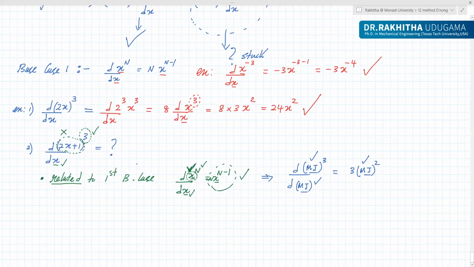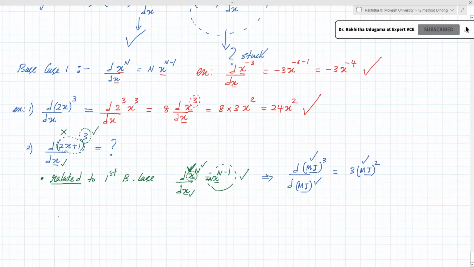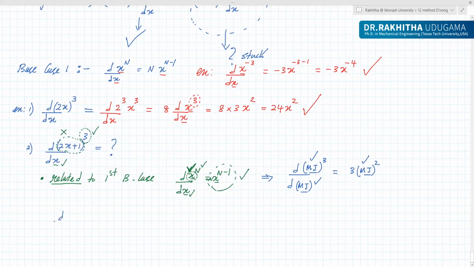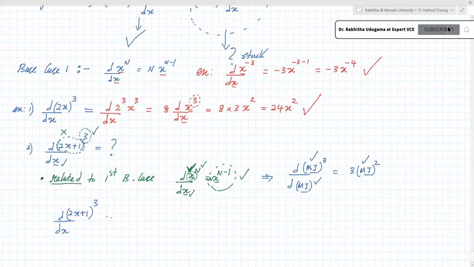Okay, it's a little hard to think for the first time, but I'll show you. Please go through it very clearly. Now, what is the problem here? The problem here is this, right?